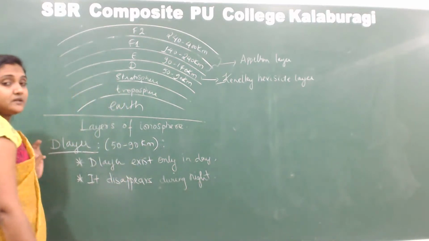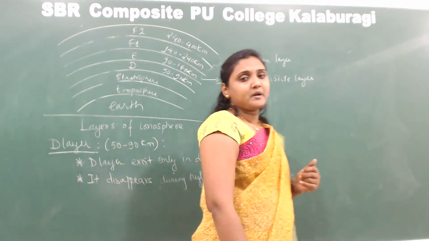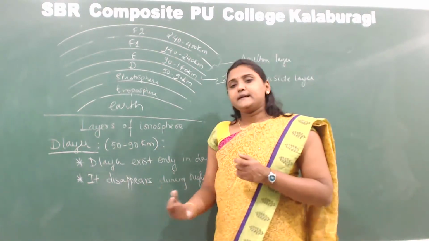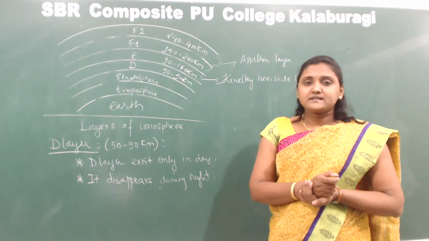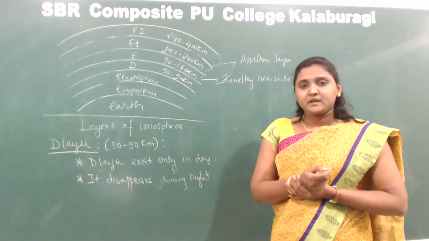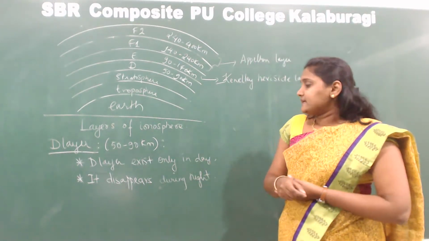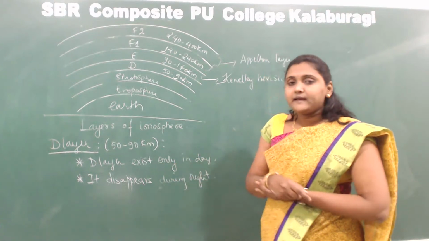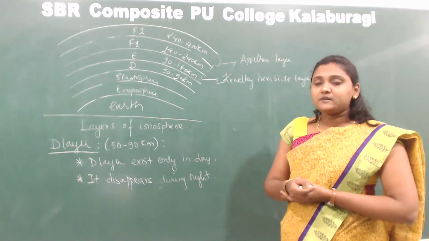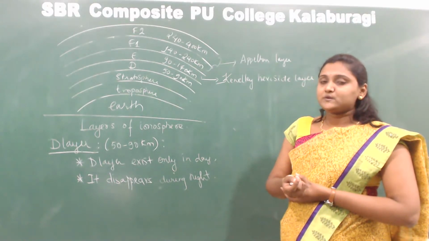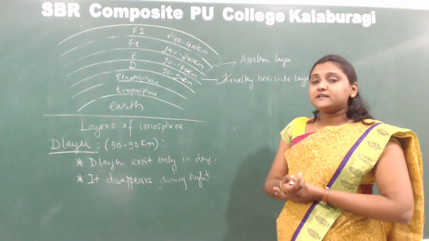So this D layer exists only during the daytime, because in the daytime the rays of the sun reach the ionosphere, and because of that ionization takes place and the D layer exists. But during the night time, there will be no rays reaching the ionosphere. It is only with respect to the different regions in the earth.